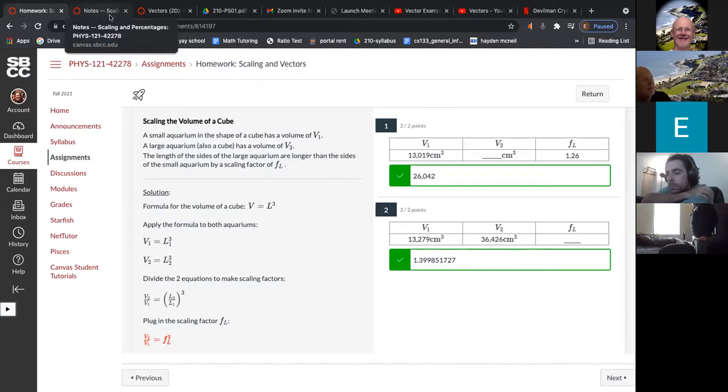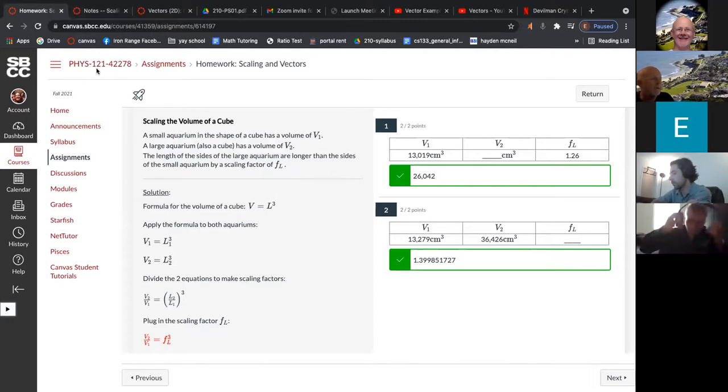Hang on. Paste. Good. Okay, so I have that question here, and it says a small aquarium in the shape of a cube. That's the one you want? Yeah.